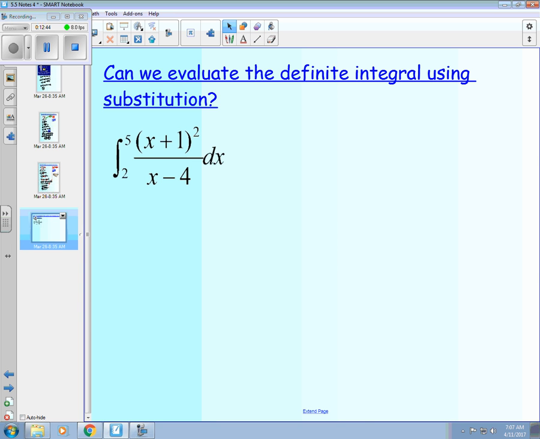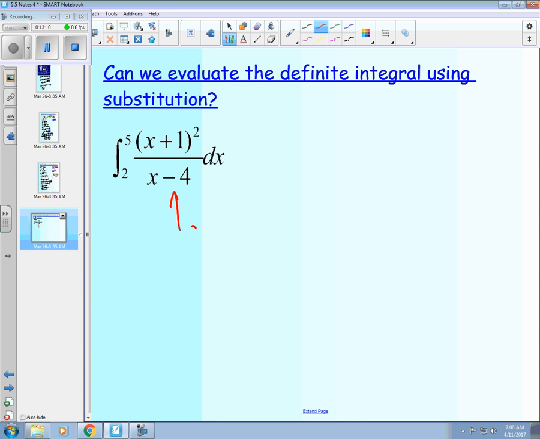All right, last one. Can we evaluate this definite integral using substitution? Well, it sure appears very similar to the last two, but this one we actually can't. Why would we not be able to simplify this one? Similar to some of the other ones we've looked at so far, remember when you're doing these, the big thing is to check the denominator.